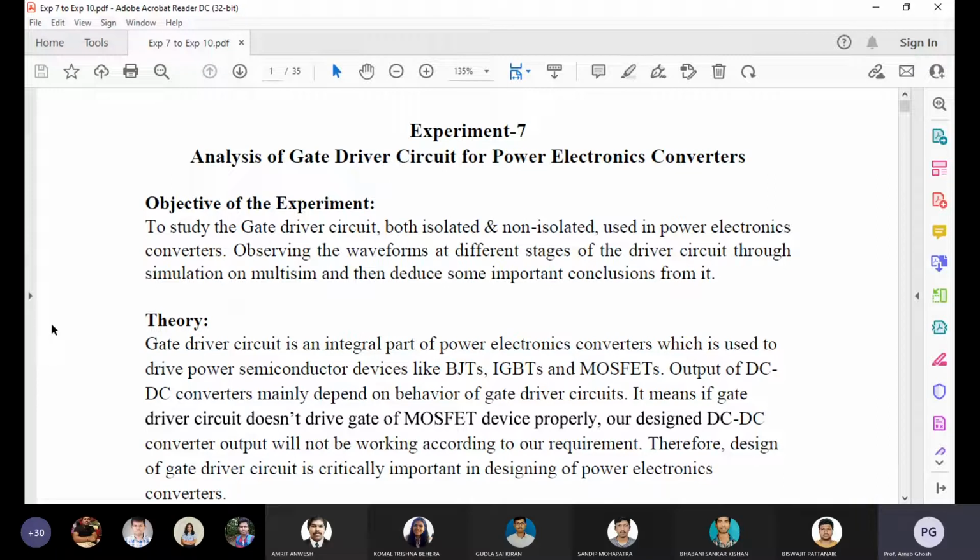In all those cases, if you want to design the gate driver, meaning the control switch for the IGBT, it should not be the same as the gate driver design for the MOSFET. Some differences are there. For the MOSFET, as it is a voltage control device, we have a common gate driver circuit.